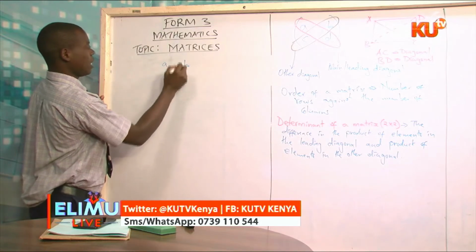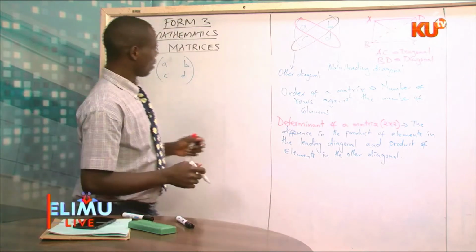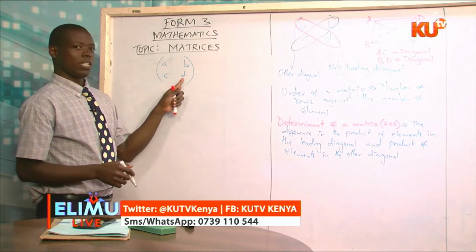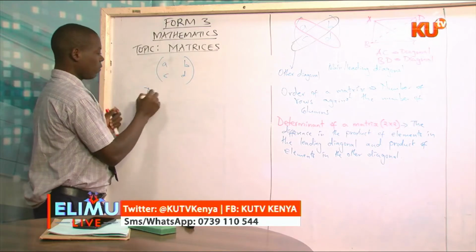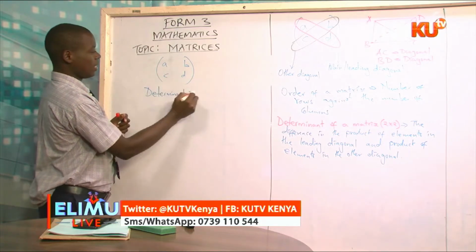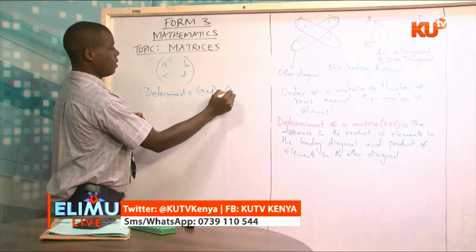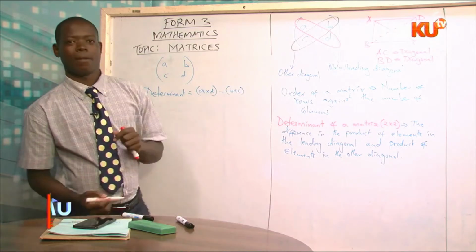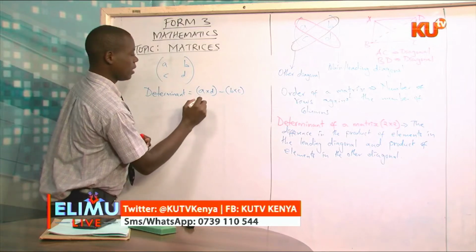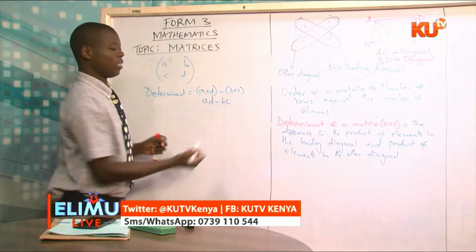So this is what we are illustrating. A, B, C, D is our matrix. So what are the elements in the leading diagonal? It is A and D. Therefore, when talking of determinant, we say it is A times D minus B times C. So A times D gives us AD minus BC.